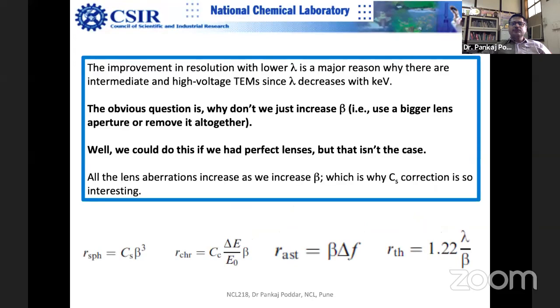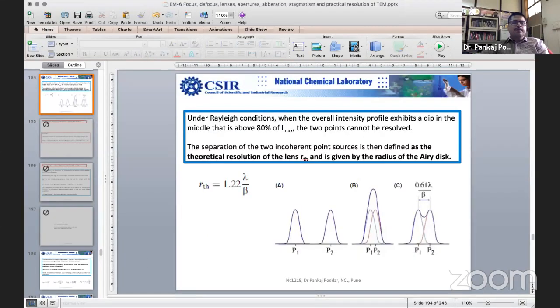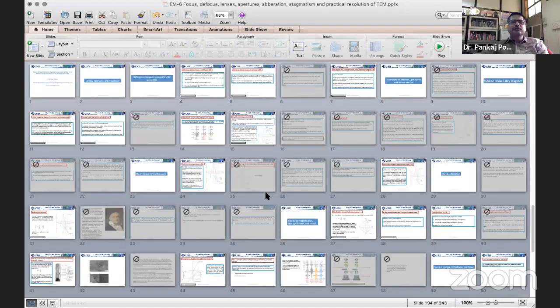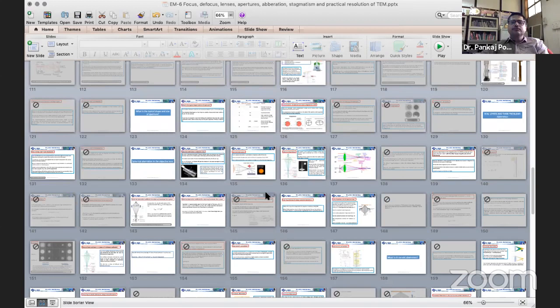Let me show you. This is because of multiple secondary maxima and minima. I think I showed you the Airy disk. Let me show it again because it should have been here. What do I mean by Airy disk? Yes, it is here.